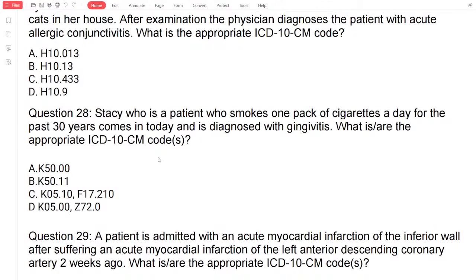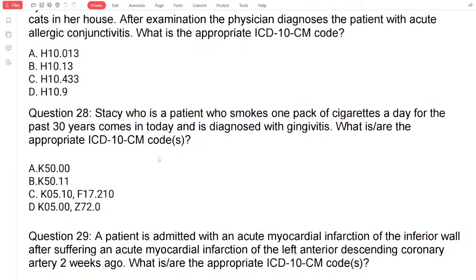Question 28. Stacy is a patient who smokes one pack of cigarettes a day for the past 30 years, comes in today and is diagnosed with gingivitis. So, what are the appropriate codes? Very good, Mohini. Correct answer.